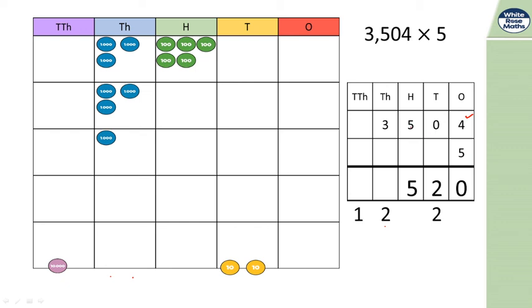So 5 times 3 is 15, plus 2 is 17. And then we can exchange it, and then we need to bring it straight up because there's nothing left to do in the ten thousands column. So that's why we had the ten thousands column, because we predicted that we were going to need to exchange into that column. So the answer is 17,520.